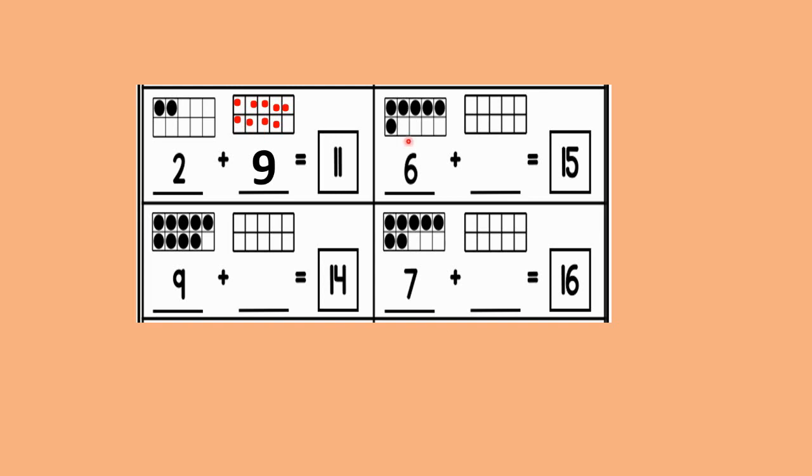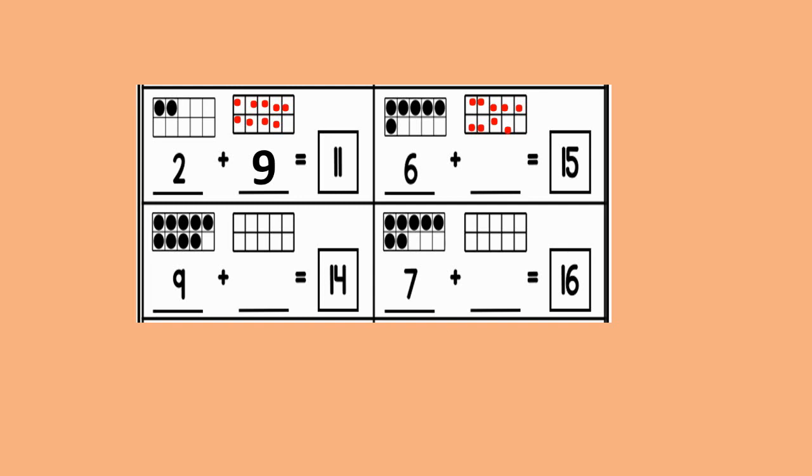Now student, here 6 dot is given and number 6. Now we will draw the more dot till we got the answer 15. 7, 8, 9, 10, 11, 12, 13, 14, 15.